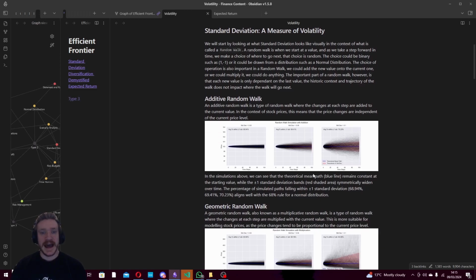So an additive random walk, what is this? It's a type of random walk, and at each step, we're adding on to the current value, so not multiplying. In the context of stock prices, what this means is basically the price change is independent of the current price level. So a bit technical. What does that mean? Well, if we're adding on to the current price, right, and our choice is random, let's say we're adding or subtracting 1, right?